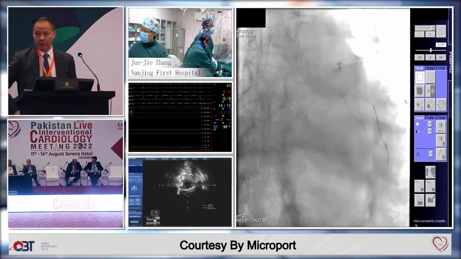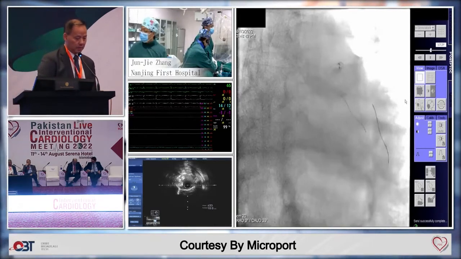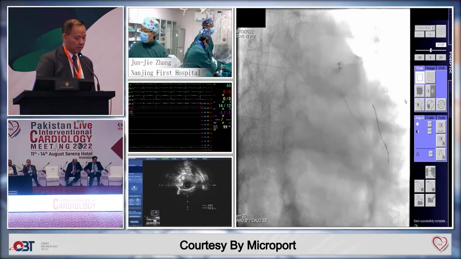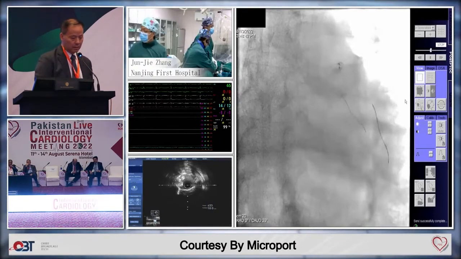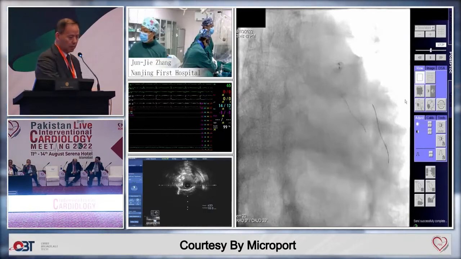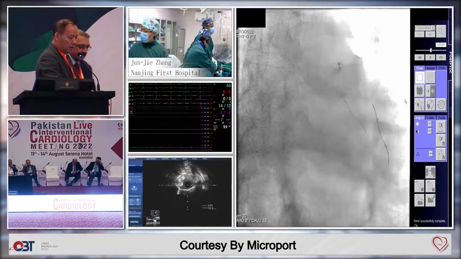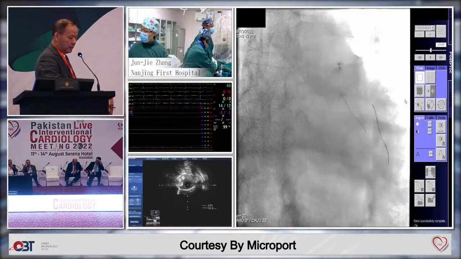You can see at this time I have resistance crossing the 2.75 NC balloon into the circumflex. At this time I use the anchor balloon technique. Please inflate the 3.5 balloon to 6.